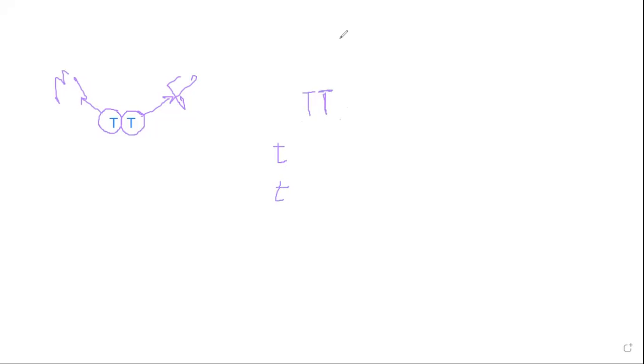Now, what Mendel did is that he cross-pollinated both plants, right?